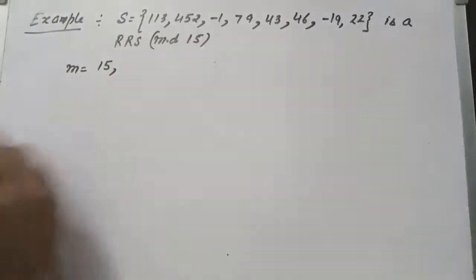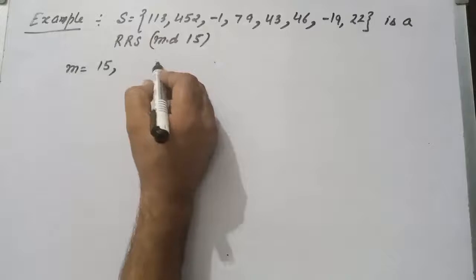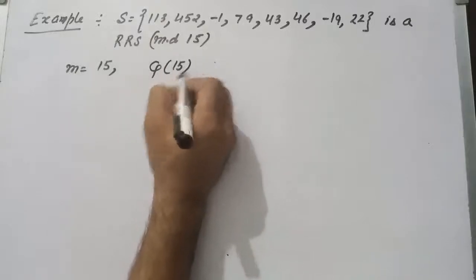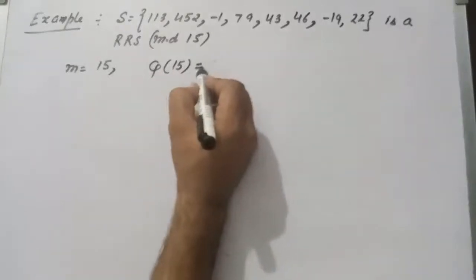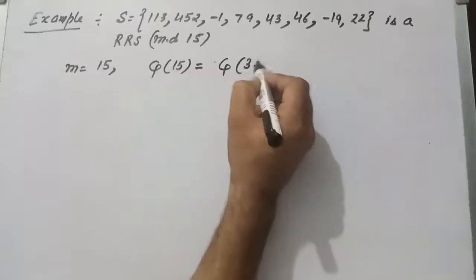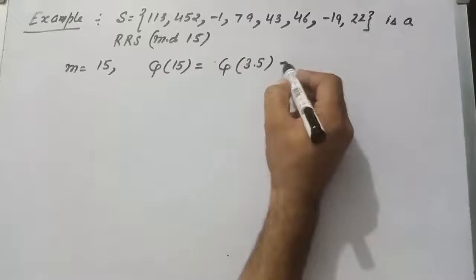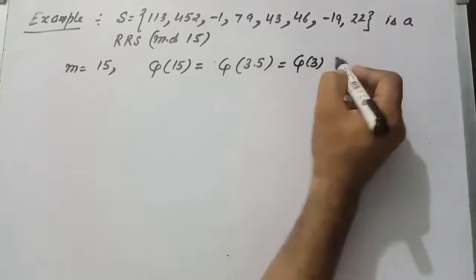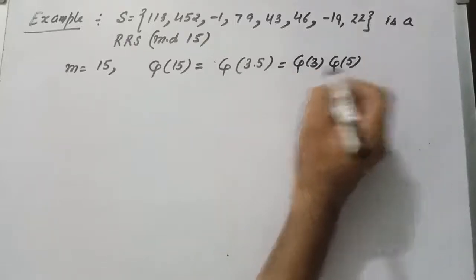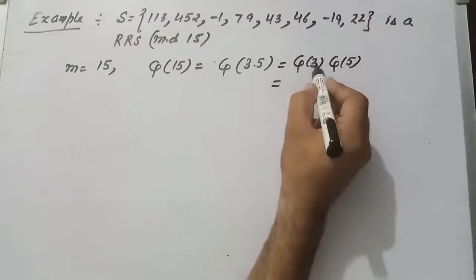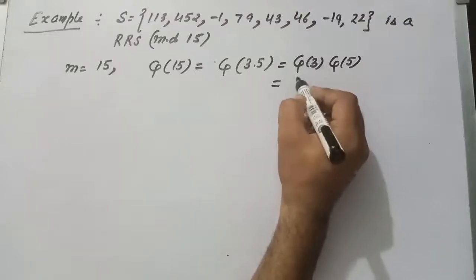Now first we have to calculate phi of 15, the Euler function of 15. 15 is 3 into 5. GCD of 3 and 5 is 1. Therefore, you can separate this as phi 3 into phi 5. But 3 is a prime, so phi of 3 is 3 minus 1, that is 2.